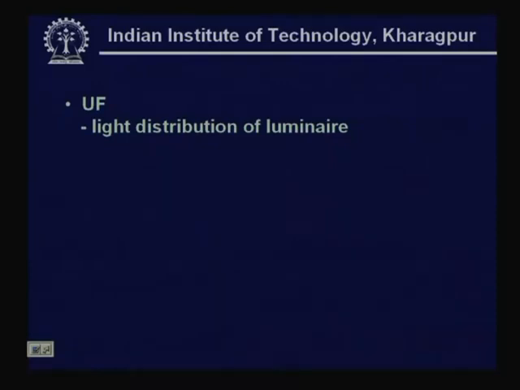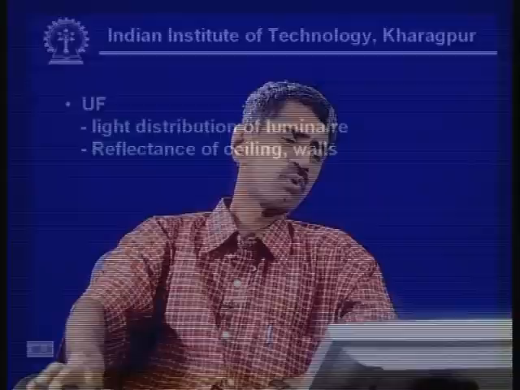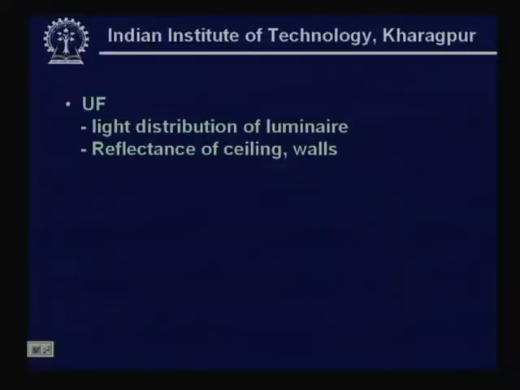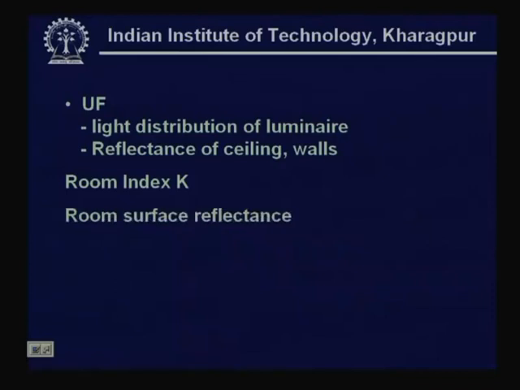Now, the utilization factor is one factor we said needs to be taken into account in order to work out the average illuminance. This depends on the light distribution of the luminaire, which comes in the form of polar curves in the horizontal plane and the vertical plane. We showed that in the lecture on photometry, and in early days, to arrive at mean spherical luminous intensity, one would go through the Rousseau curve, which is not necessary these days.